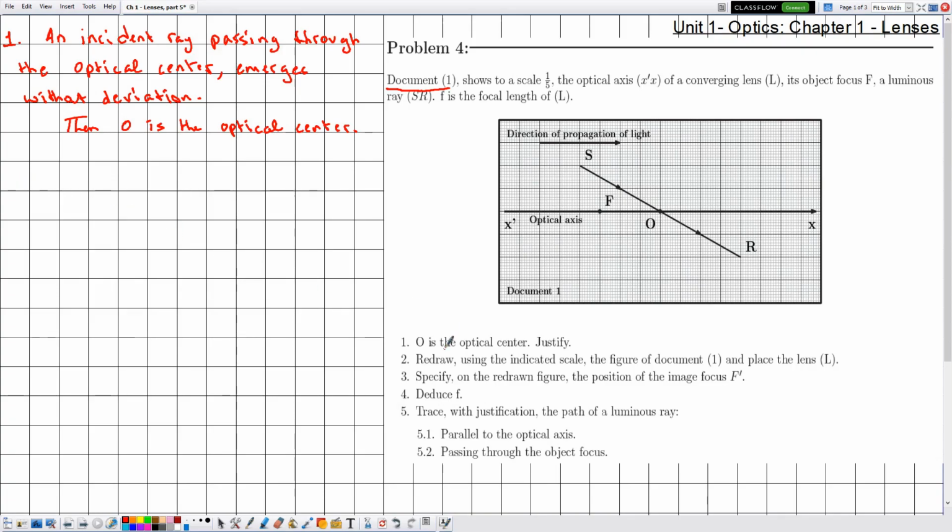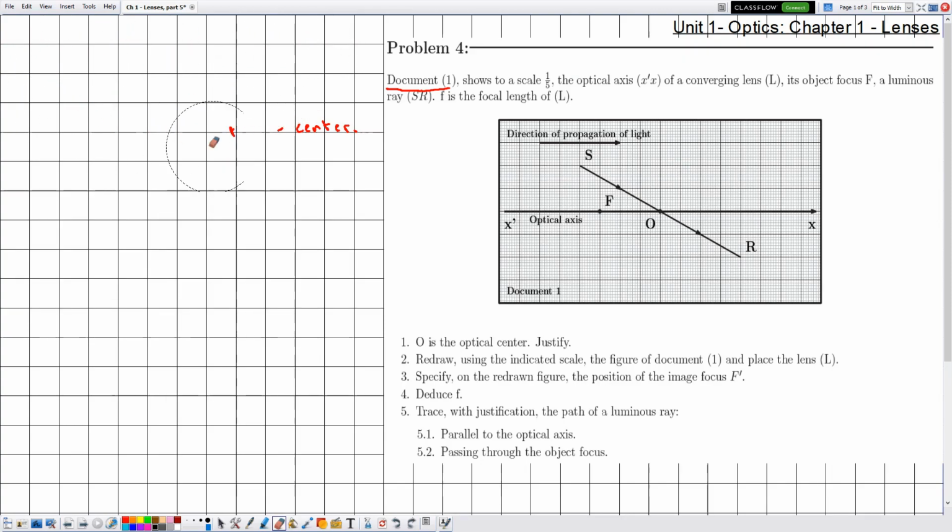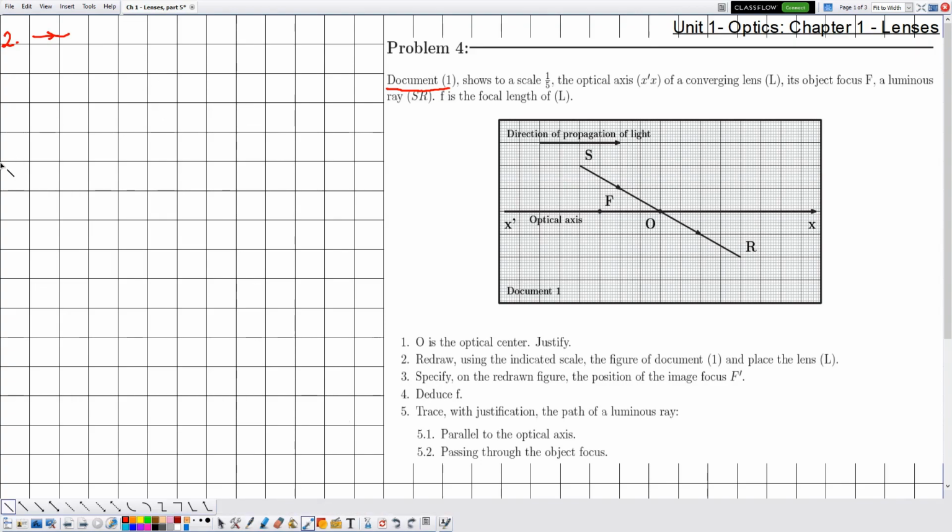So now in number 2 they are telling me to redraw, using the indicated scale, the figure of document 1 and place the lens L. Let me do the drawing here at the top. The direction of propagation of light is taken from left to right, and whenever we need to redraw, we always start by drawing the optical axis at the center, having the same direction of propagation of light, which is from left to right.